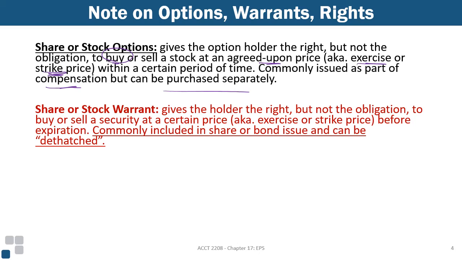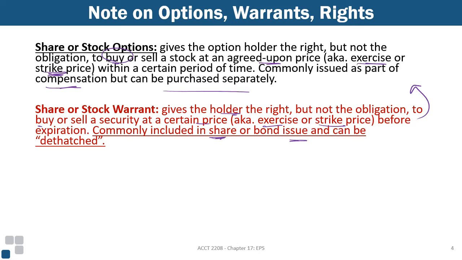Warrants give the holder the right but not the obligation to buy or sell a security at a certain price, right? This is the exercise or strike price. Well, guess what? It's exactly the same definition as an option, except that warrants are commonly included in share issues and bond issues, and therefore can be detached from the bond. So we used to cover complex financial instruments where you'd have a bond that included some detachable warrants.